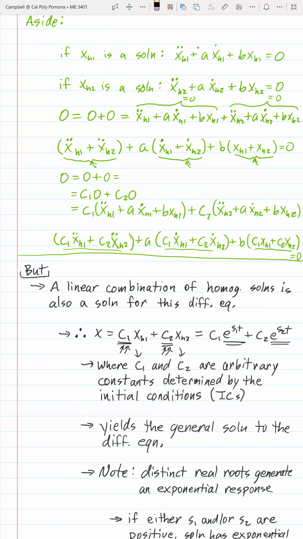And when we have two real distinct roots, they are independent. There's no way that I can combine this guy together and get, through multiplying by constants or whatever, there's no way I can do it and get this guy. It's impossible.